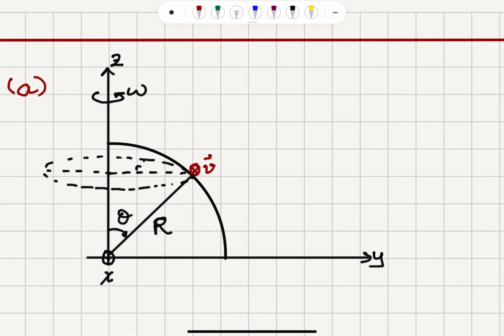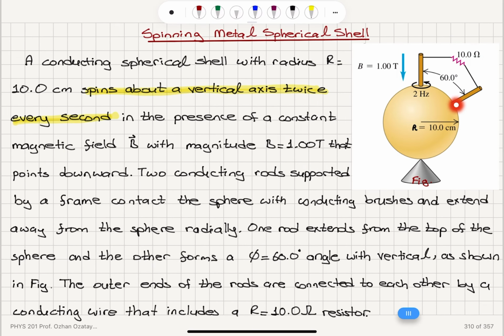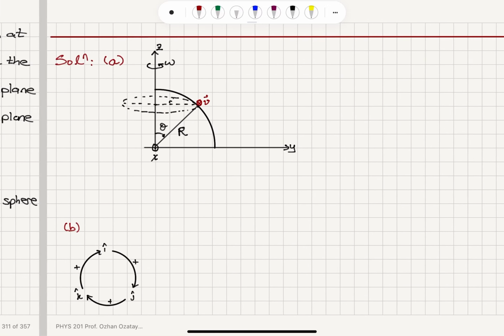If you look at the sense of rotation of the spherical shell, you can see that here we have a tangential velocity pointing into the page. So this is into the page, the direction of our tangential velocity. So this point will be performing uniform circular motion on the circular path as this whole spherical shell rotates about its vertical central axis.